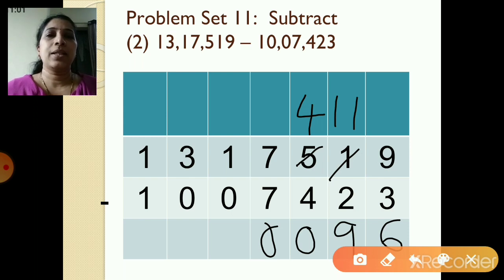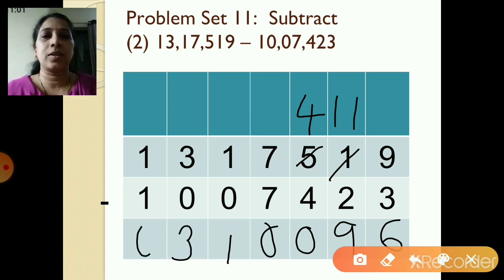Then 1 minus 0 is 1. 3 minus 0 is 3. And 1 minus 1 is 0. So your answer is 3,10,096. What's your answer? 3,10,096.